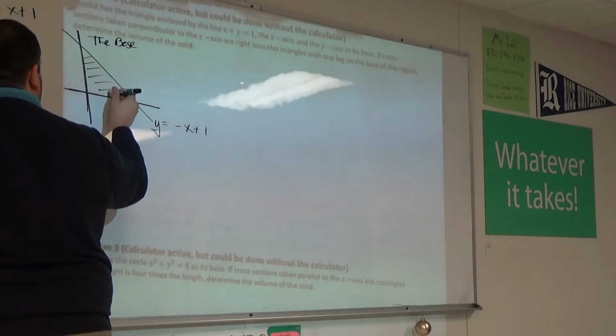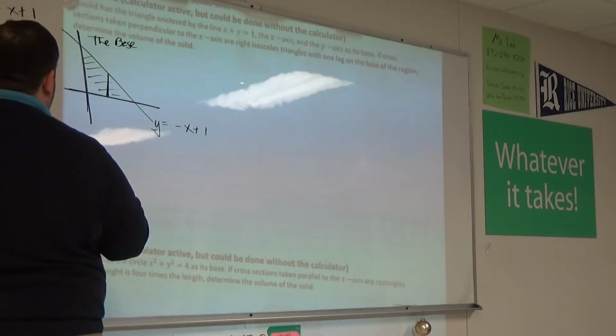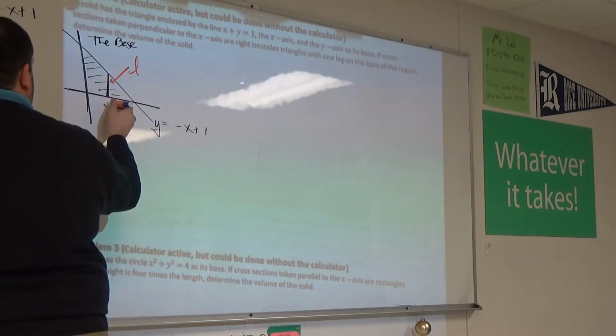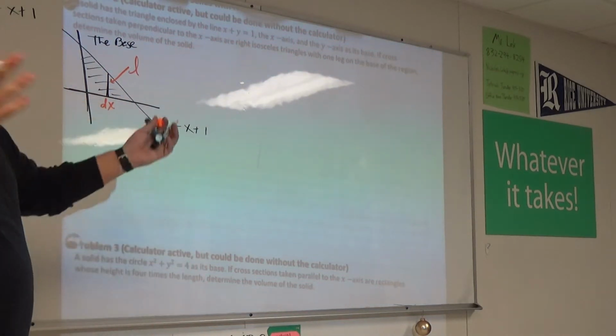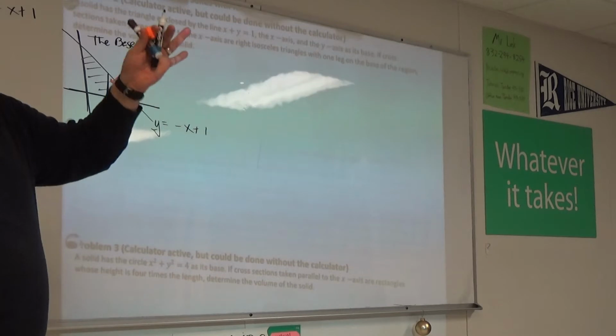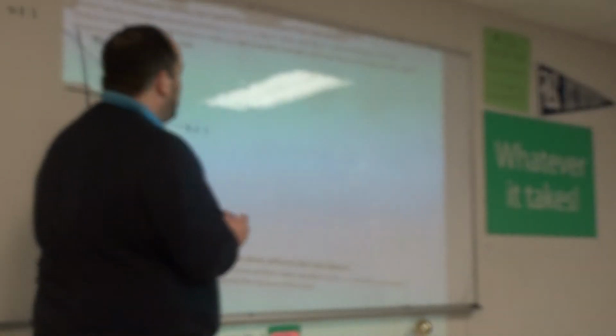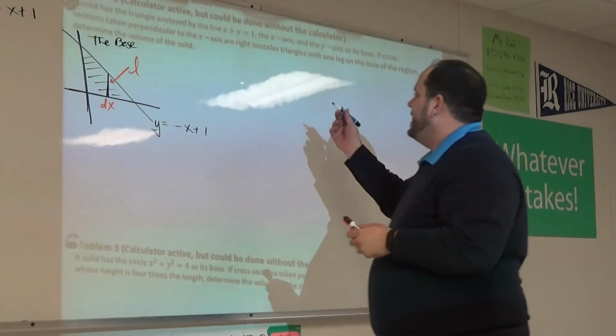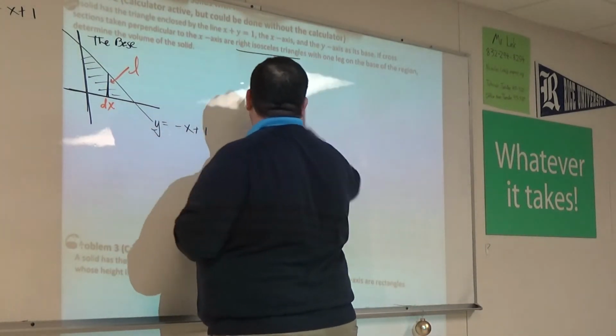So here we go, here's my slice. I'm gonna call this guy here L, that's gonna be the height, the thickness, dx, delta x, whatever. Let's be loose with the notation today. All right, right isosceles triangles.